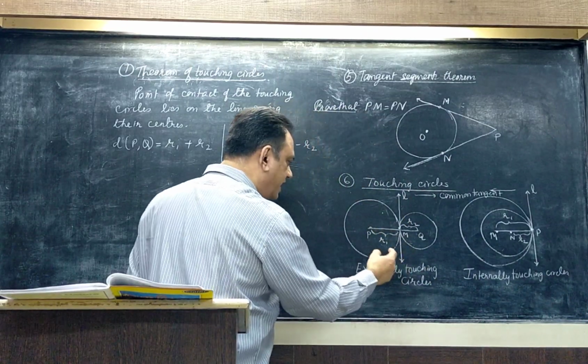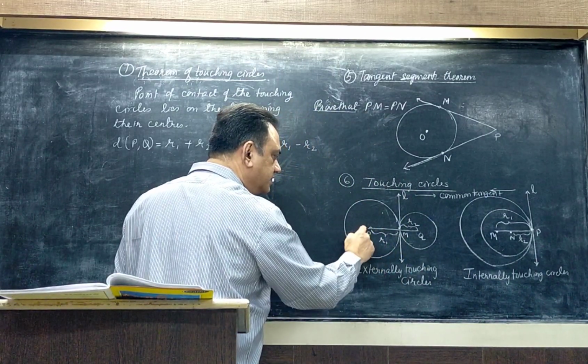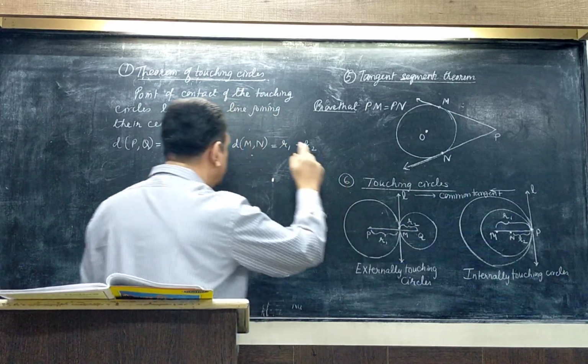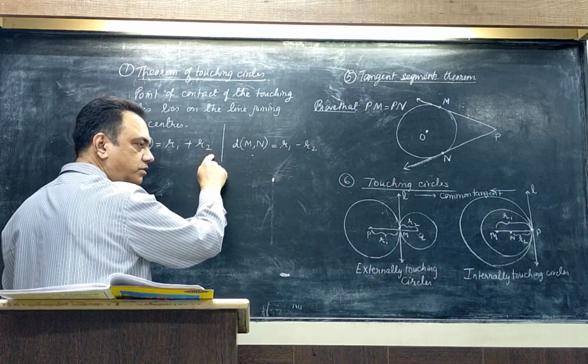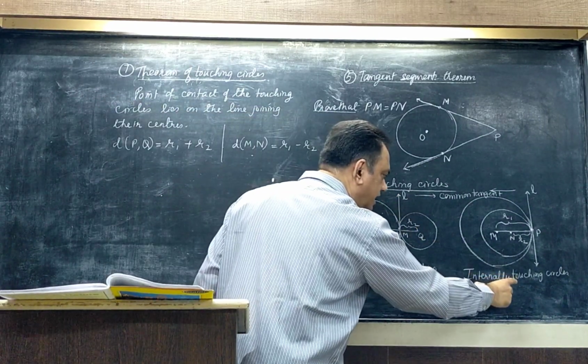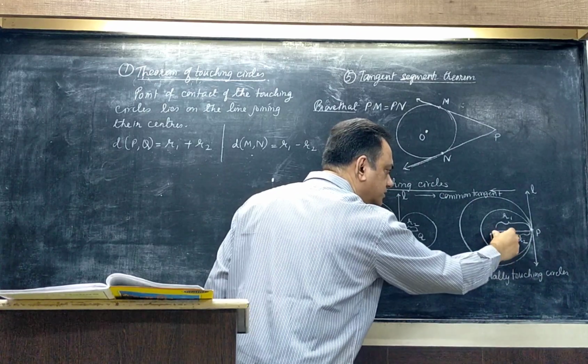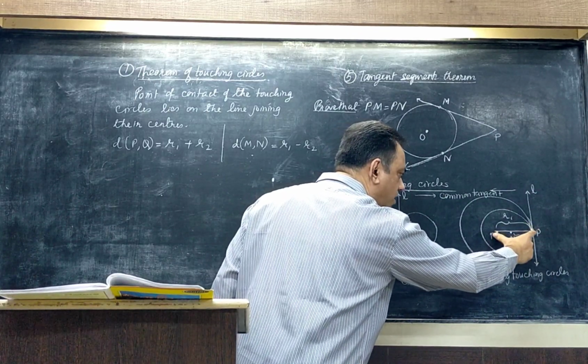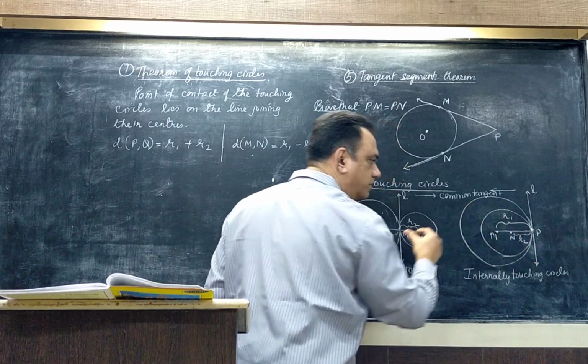So when it comes to externally touching circles, the distance between their centers is R1 plus R2. When it comes to internally touching circles, the distance between the centers will be R1 minus R2.